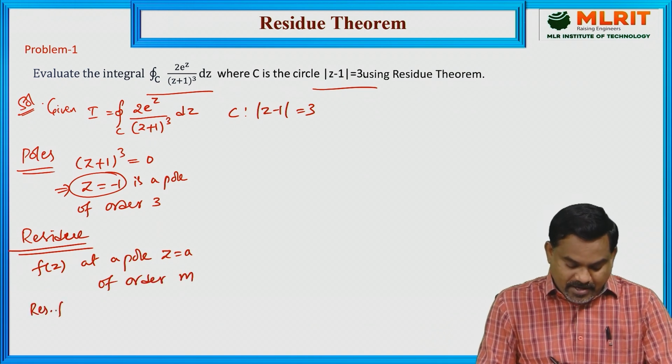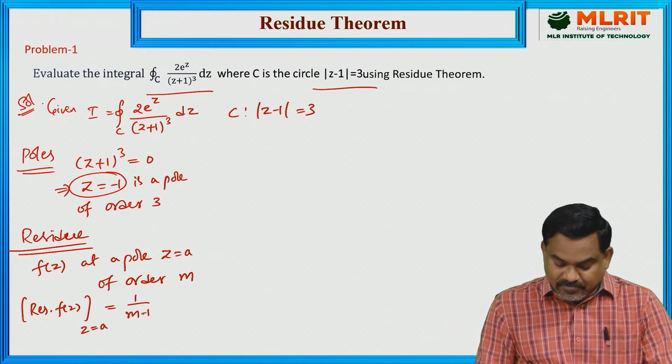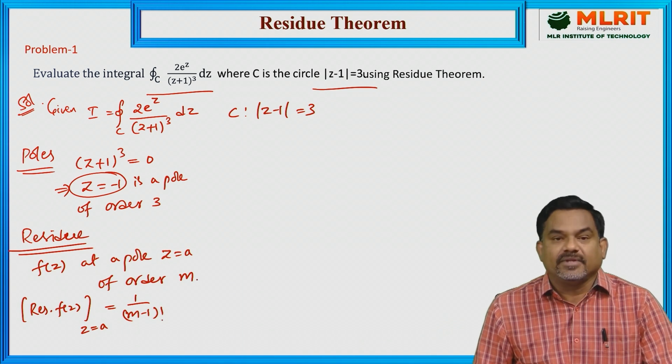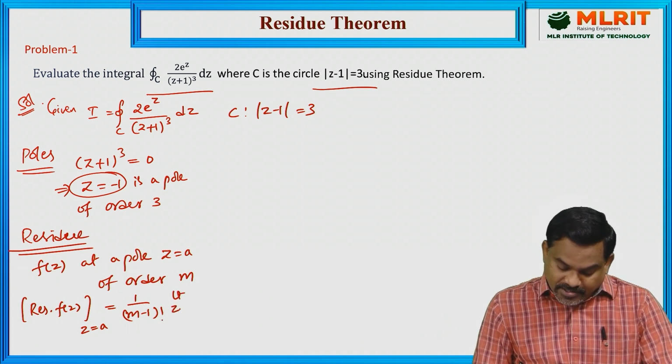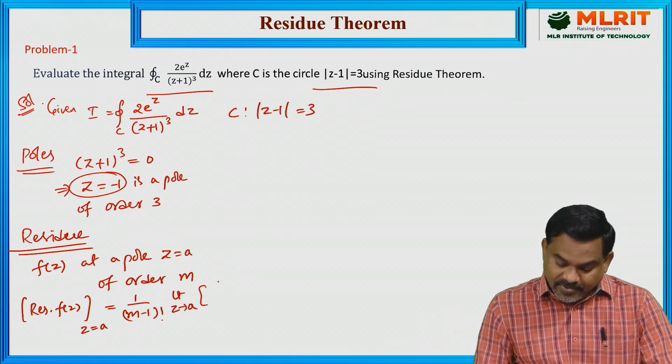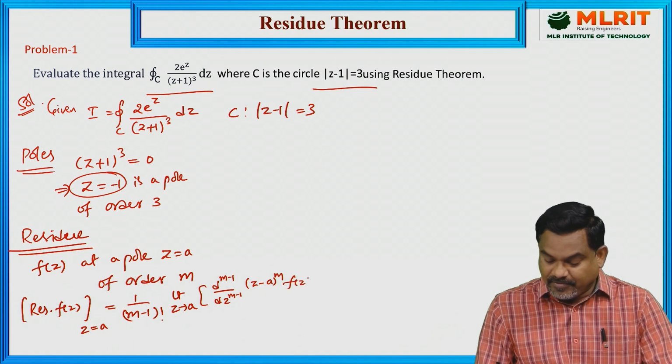Residue of f at z equal to a is 1 by m minus 1 factorial, if m is the order of the pole, then limit z tends to a, d power m minus 1 by dz power m minus 1, of z minus a power m into f of z.